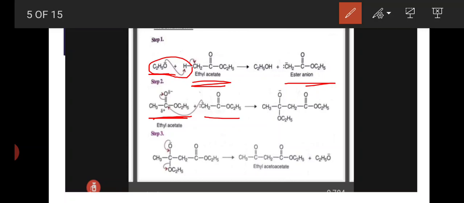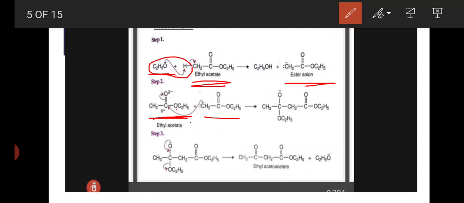The ester anion CH2 minus attaches to the carbonyl carbon C double bond O of the other mole of ethyl acetate. Then the pi bond shifts to oxygen and oxygen gets a negative charge.